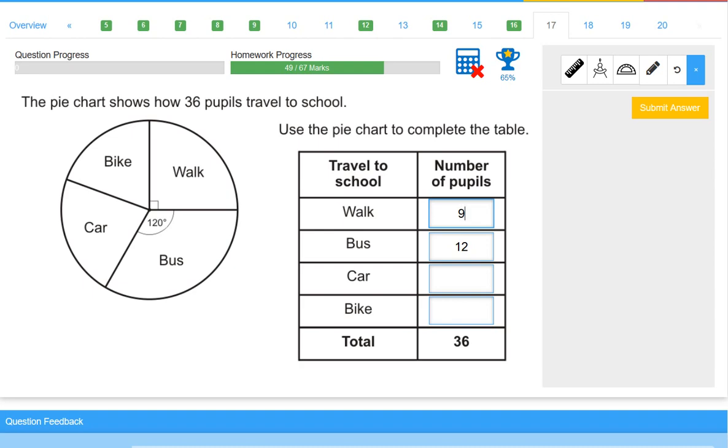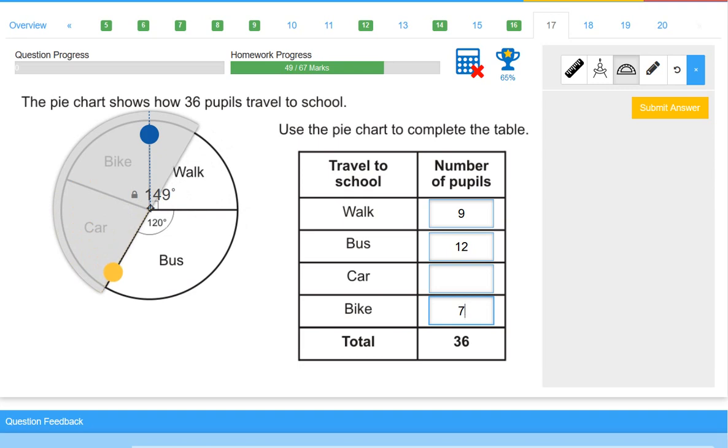And then I need to use my protractor to measure car and bike. Again, this can be a little bit tricky to do, but we will have a go. Let's put that up here, put this one along here, and it looks like this is 70 degrees. So I'm going to say that bike is 7. And let's just do the same thing with car.